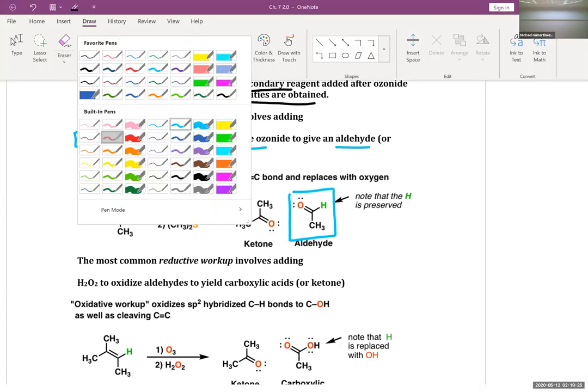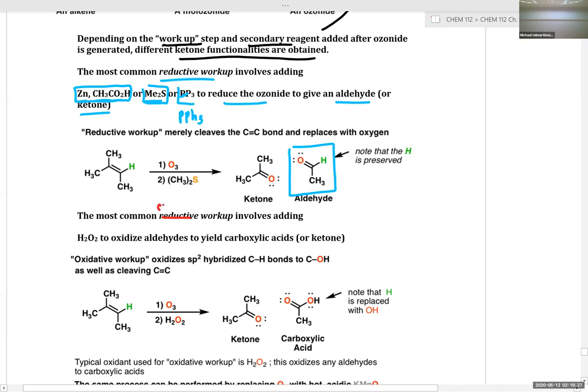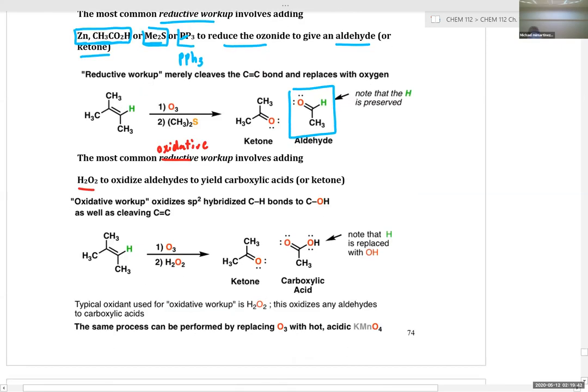Alternatively, if we want to generate a carboxylic acid functionality, we can subject our ozonide to an oxidative workup. And in an oxidative workup, we add hydrogen peroxide, which oxidizes the aldehyde to a carboxylic acid.